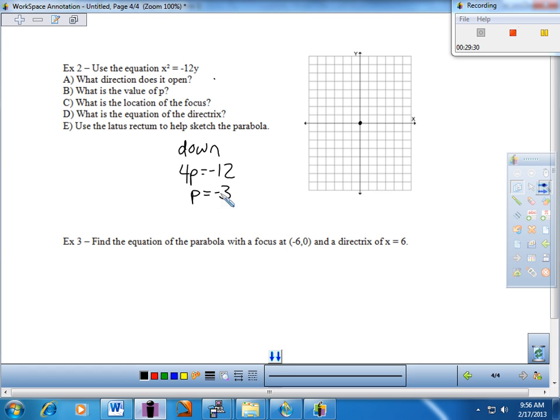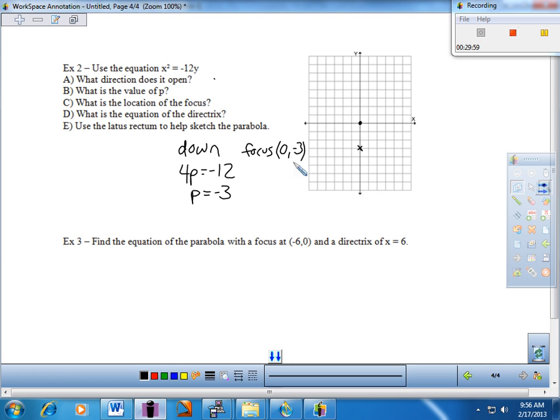So if p is -3, then I'm going down 3 in this case. And so let's put it 1, 2, 3. Put your focus right here, please. Excellent. Look how easy that is. I went down 3 from my vertex, and it looks like I'm down at (0, -3) as a result. Perfect.